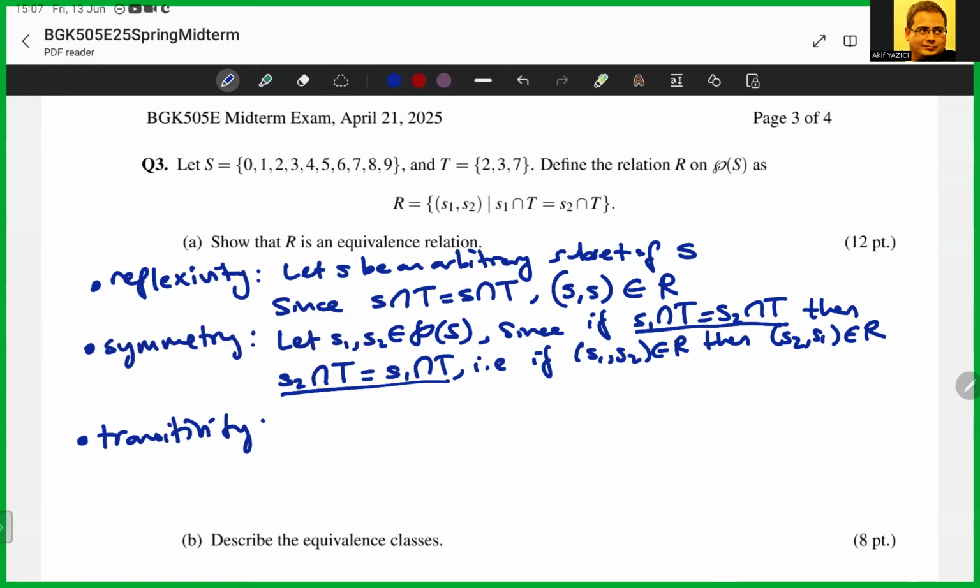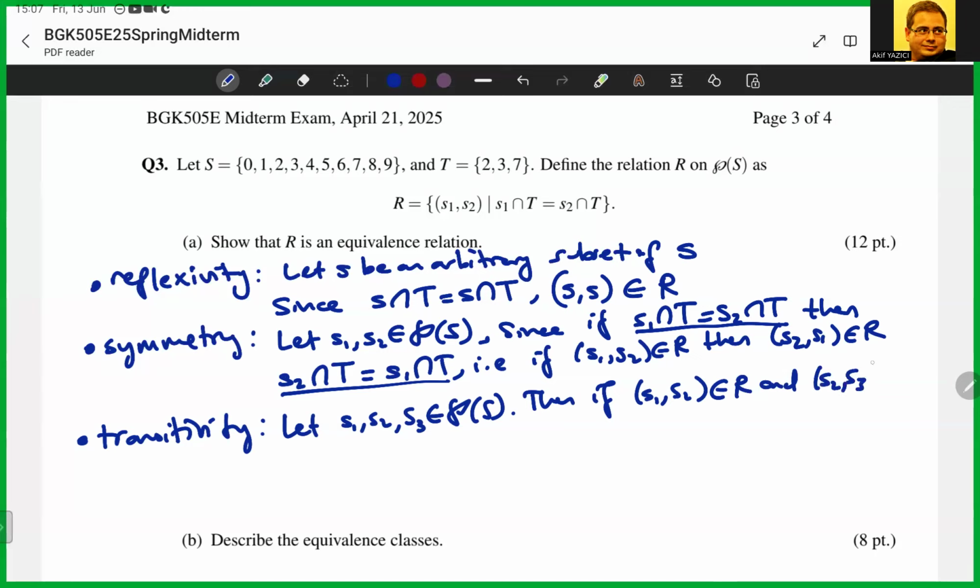Now here again, let S1, S2, S3 be in the power set of S. Then if the ordered pair S1, S2 is in R and S2, S3 is in R, this means S1 intersection T is equal to S2 intersection T due to this ordered pair.